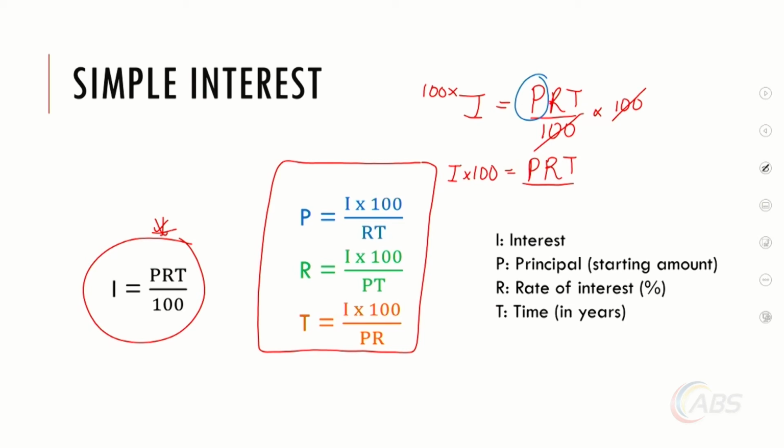If I divide by R and T, that's gone, and I have to do the same thing on the other side. So what you have here is I times 100 over R and T is equal to P. That's just how we came up with the formulas in the middle there: principal, rate, and time. Okay?